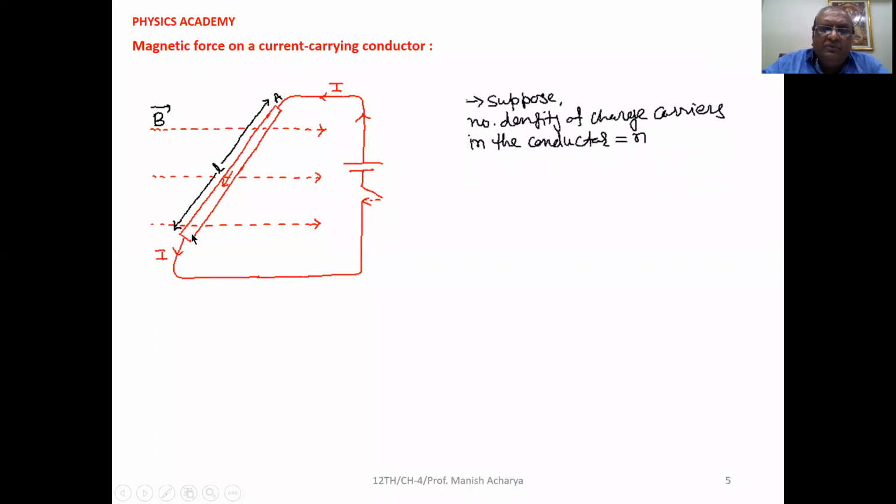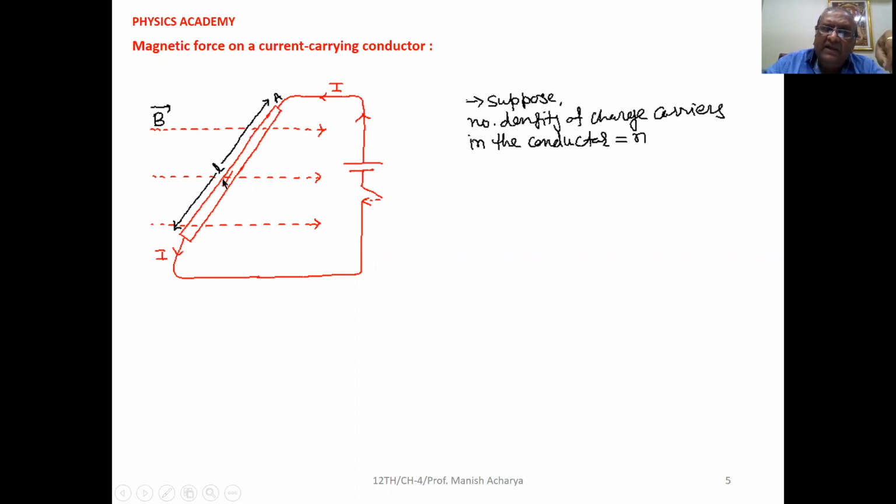Now, suppose here the number density of charge carriers in this conductor is small n. Number density means the number of charge carriers per unit volume, that is equal to n.